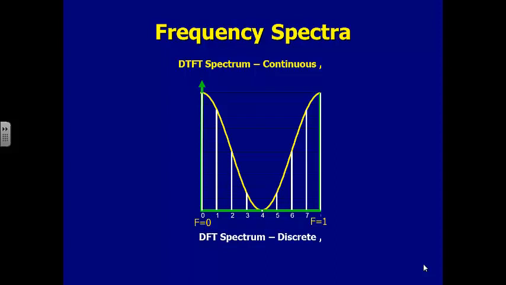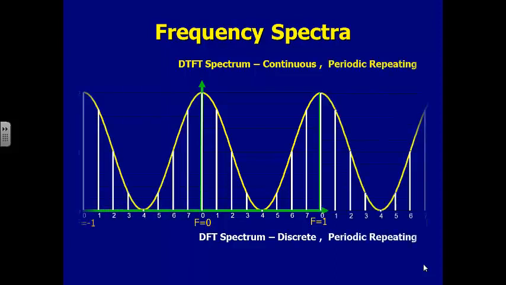We're looking at a discrete version of that on a good day. Both we assume are periodically repeating, just the DFT happens to be samples of it. And the particular samples I get back have to cover from 0 to 1. But that's all the information I need because everything else is just a copy.